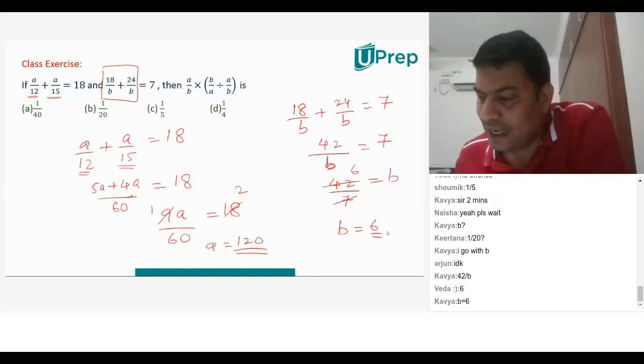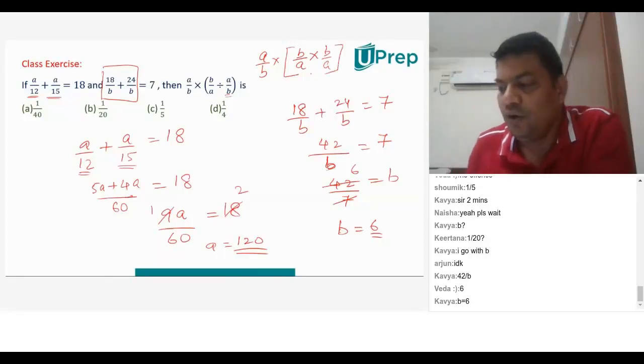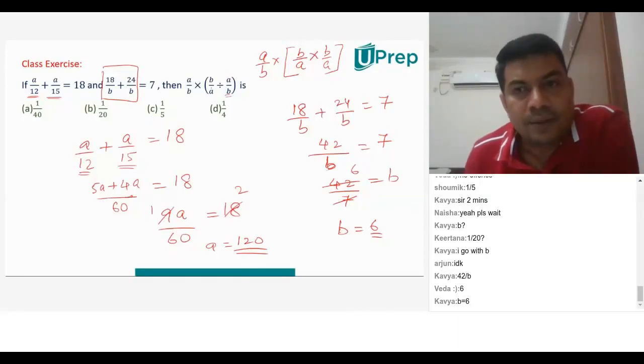So basically now let's come here. You need A divided by B multiplied with, inside the bracket, B divided by A, divided by A by B. If you change the division to multiplication, A by B will become B by A. Sir, from outside, can't you just cancel B and B and A and A?